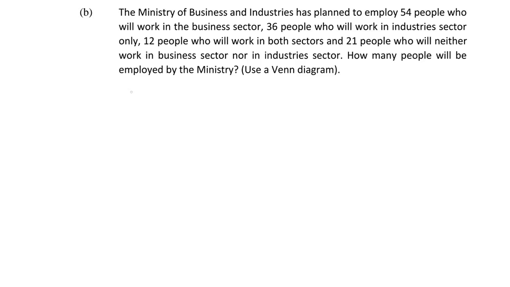First, we let B represent employees in the business sector, of which we have been told they are 54. Also, we use letter I to represent employees in the industry sector.